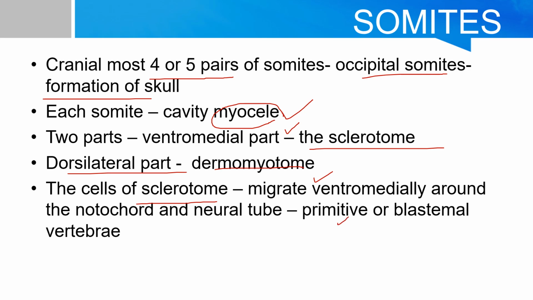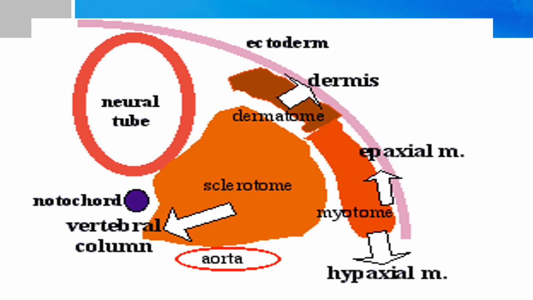We have seen in this slide these two parts of the somites, sclerotome and dermomyotome. First, the sclerotome, what is it giving rise to? Primitive vertebrae. You can see in this picture, if you consider this as one somite, this part is called sclerotome and the other part is called dermomyotome.